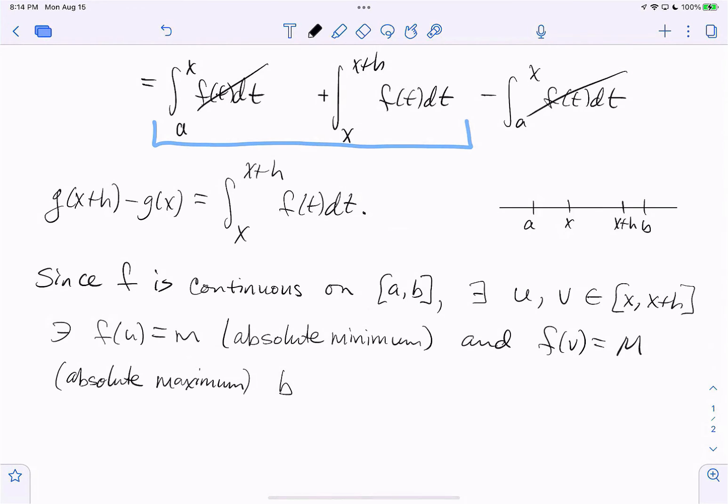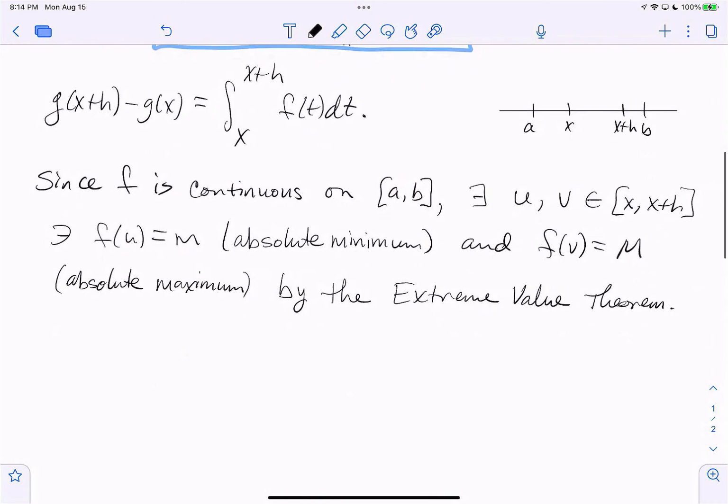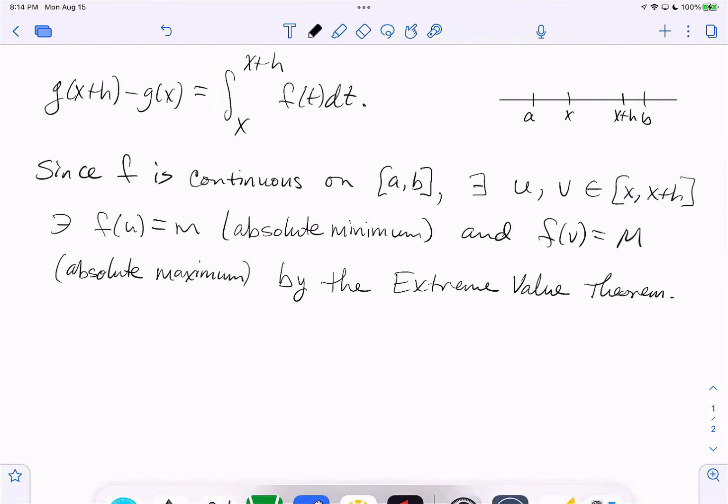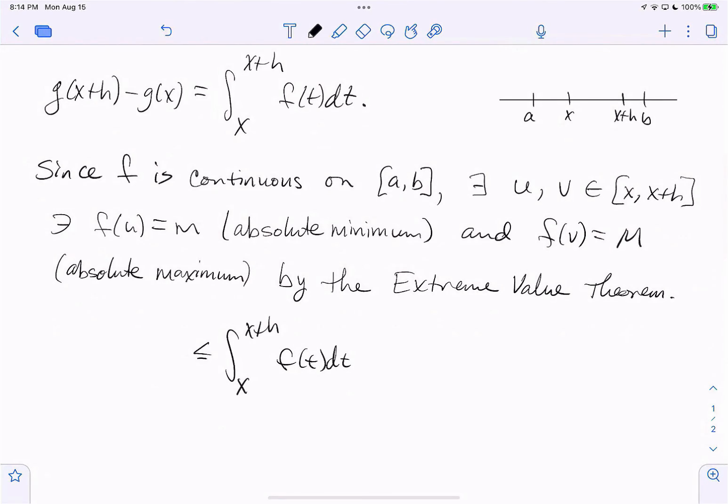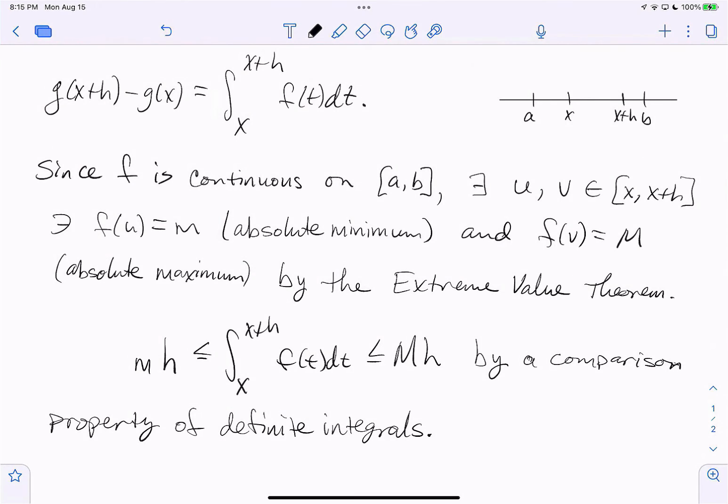And that holds true, remember f is continuous, by the extreme value theorem. It follows that the integral from x to x plus h of f of t dt is in size between lowercase m times h and uppercase M times h by a comparison property of definite integrals.